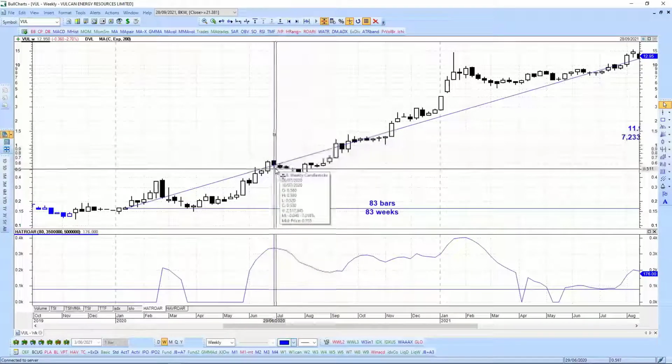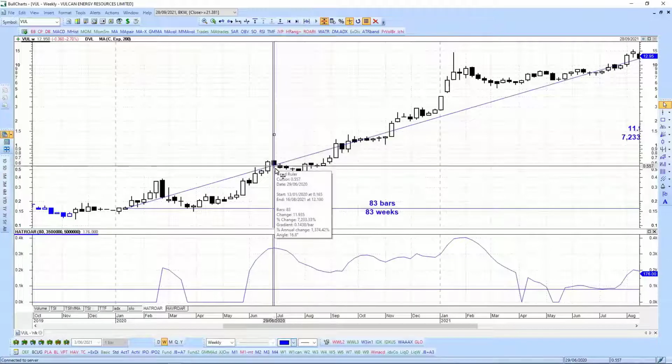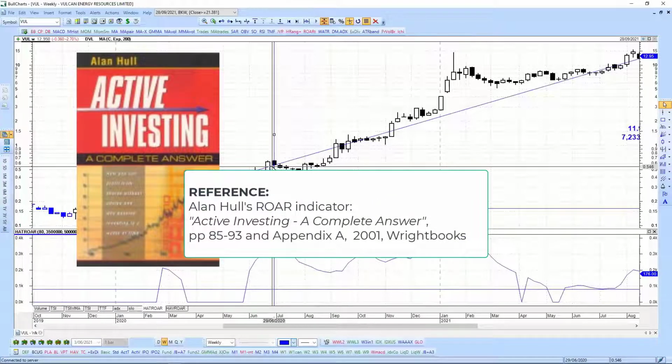But of course, that's averaged over several weeks. And the formula is quite complicated. And in fact, I think Alan's got the formula in the back of one of his books. I remember seeing it. It might have been the book called Active Investing. So if any of you have Active Investing on your bookshelf, have a look through it.